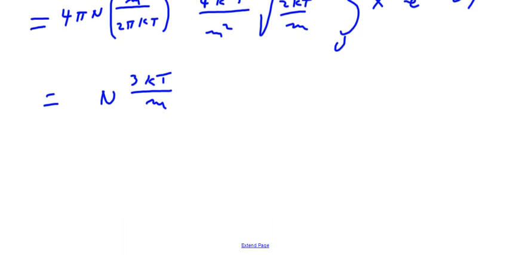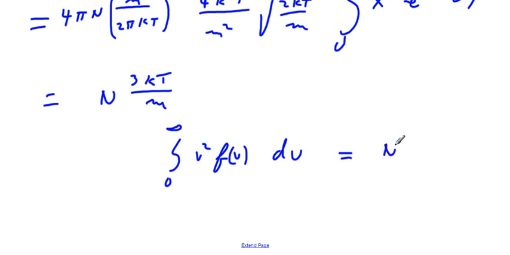So what that's telling us is that the integral from 0 to infinity of v squared f of v dv is going to be n times 3kt over m, which is exactly what we got from there.